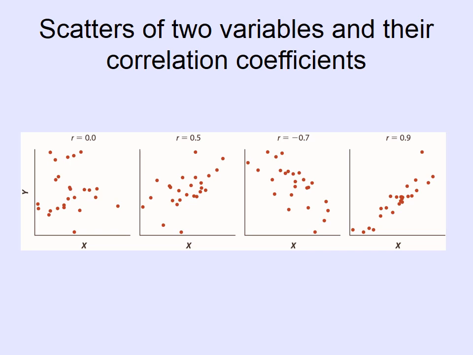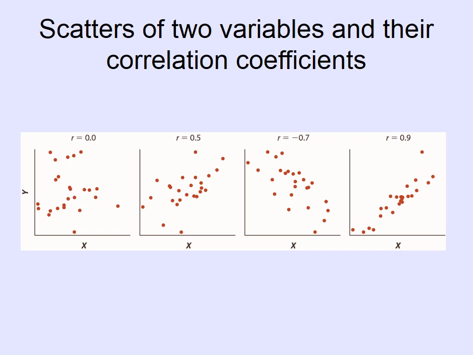In the second one, we can see that these dots are kind of pulling together, still kind of spread apart a bit, but pulling together where we can clearly see that as X goes up, Y appears to go up. And so we have a positive correlation coefficient of 0.5. Third graph, negative, because in this case we can see as X goes up, Y goes down.